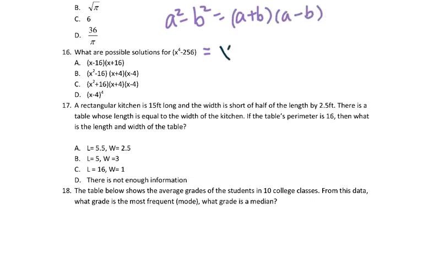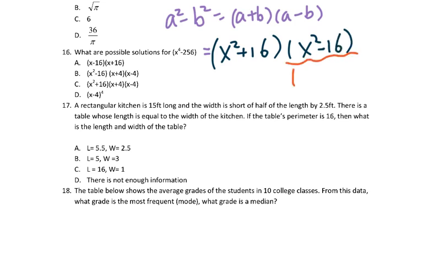You will get x squared plus 16, then x squared minus 16. This one you need to keep factoring. You will get x plus 4 times x minus 4. Therefore, C will be your answer.